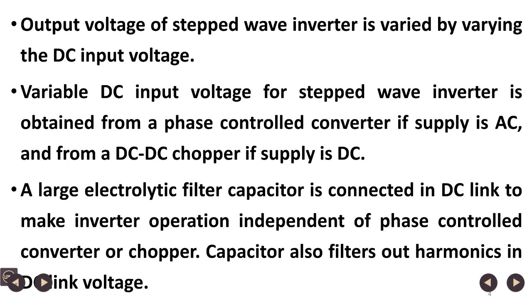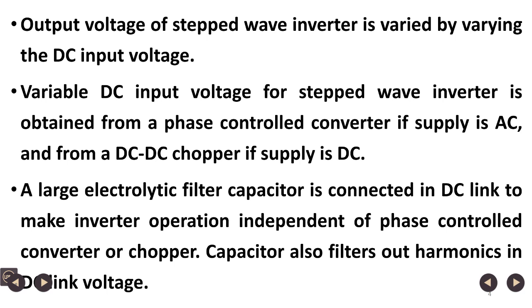So, if available supply is AC, then a phase control converter is used to change from AC to variable voltage DC, and this phase control converter output is input to the stepped wave VSI, and by varying the firing angle alpha of the front end phase control converter, the input voltage of the VSI is varied and hence output voltage also varies.